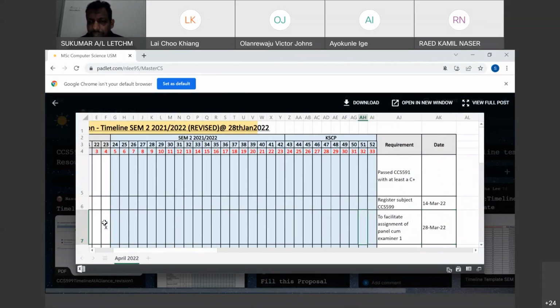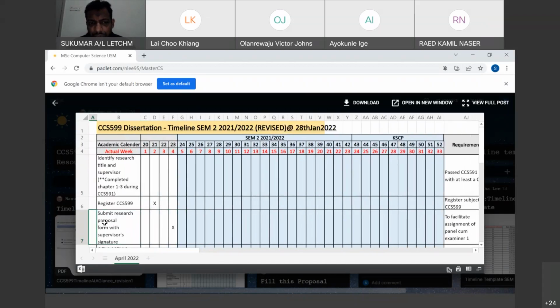For now, we want to know how many of you are planning to do CCS 599, because sometimes the Viva could be 2 days, could be 3 days, depending on the number of students. That's the reason we need to facilitate all that. It's okay if you plan to do your CCS 599 next semester, there's no harm. But we want to plan in advance.